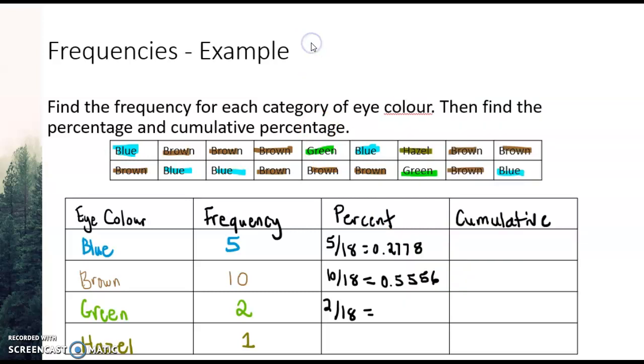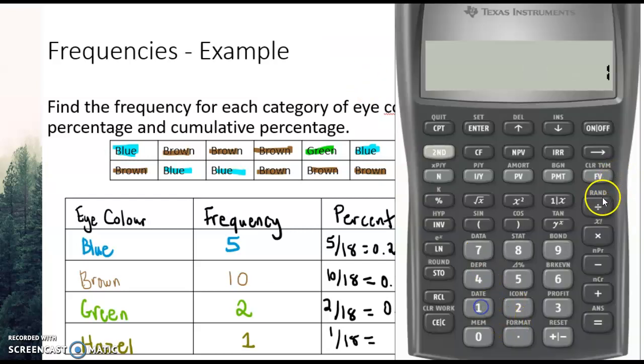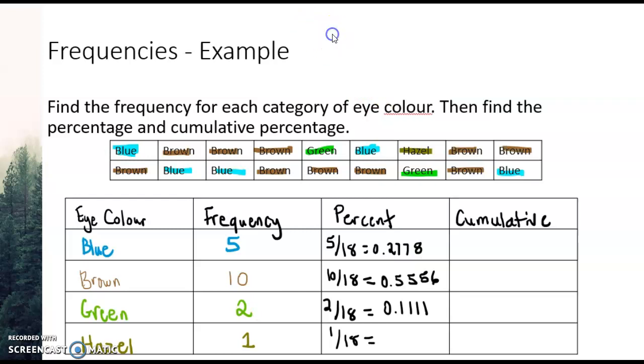That's 0.111 or about 11%. And finally, 1 out of 18. That is about 6%. 0.0556 to 4 decimal places again. That's all that's meant by a percent.